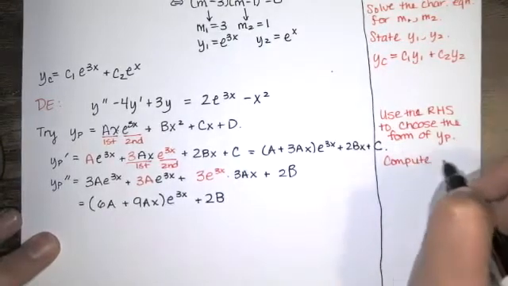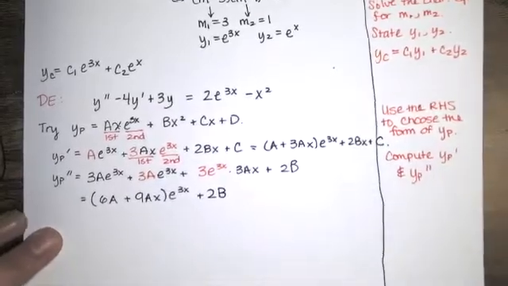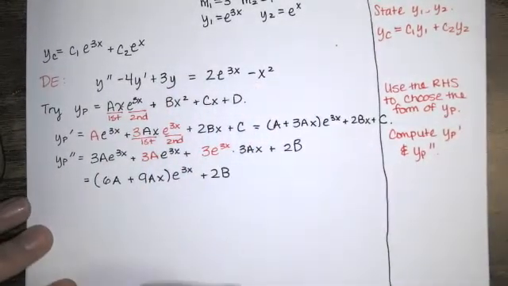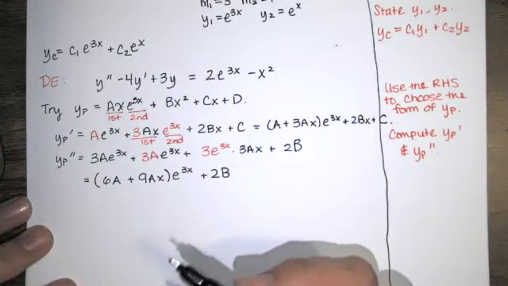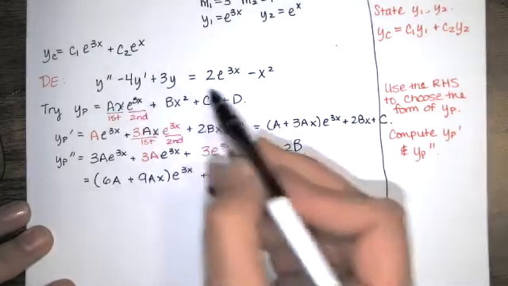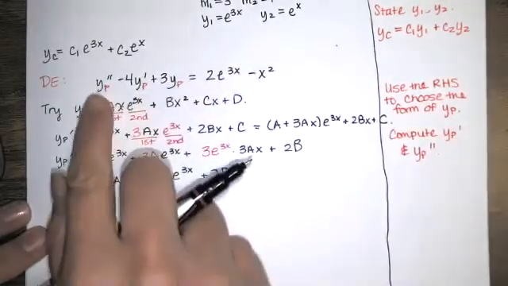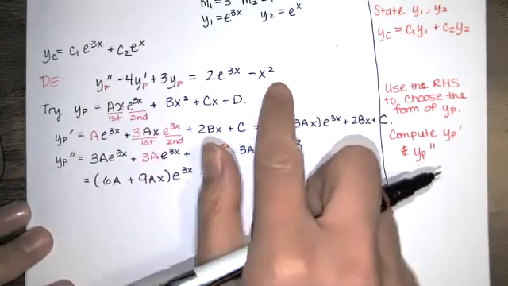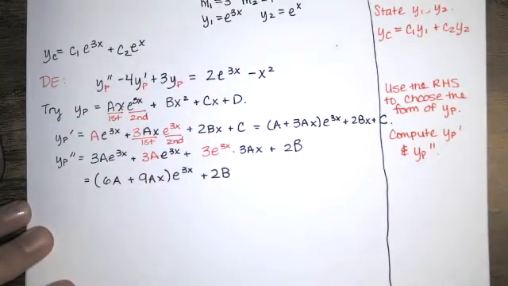So we compute y sub p prime and y sub p double prime. And now we'll substitute up here. Now to help with the bookkeeping, I like to add these guys vertically. If y sub p is the solution to this non-homogeneous equation, when I evaluate this side at y sub p, I should get this for the right choices of a, b, c, and d.